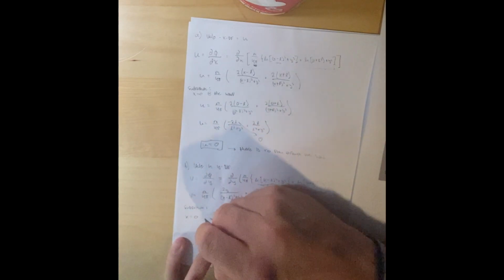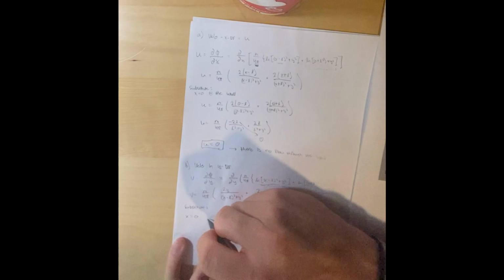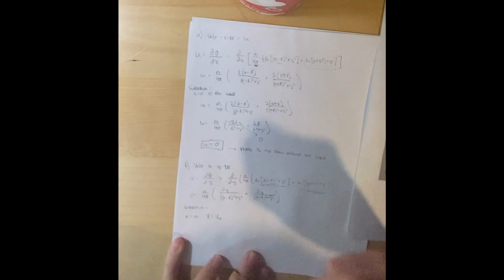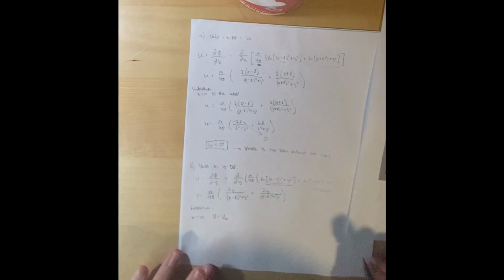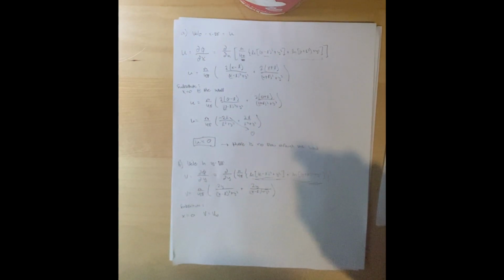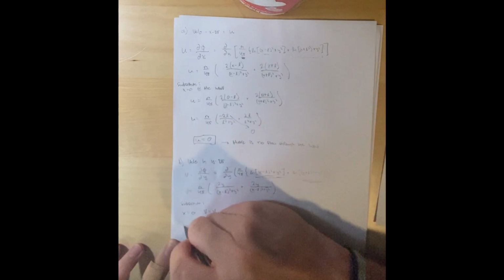And when x is equal to 0, we can say that the velocity is equal to the velocity distribution at the wall, which we're going to call VW here. So we're going to substitute those in.